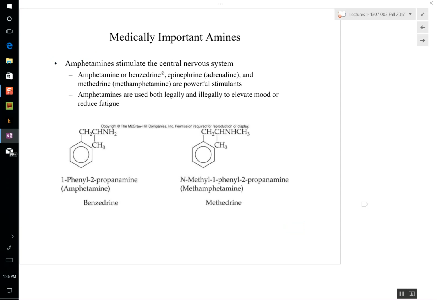Methamphetamine right here, N-methyl-1-phenyl-2-propanamine. Here's amphetamine, and now you've methylated that nitrogen right there. Put a methyl on that nitrogen, you get methamphetamine.